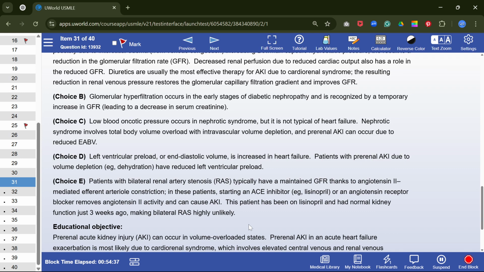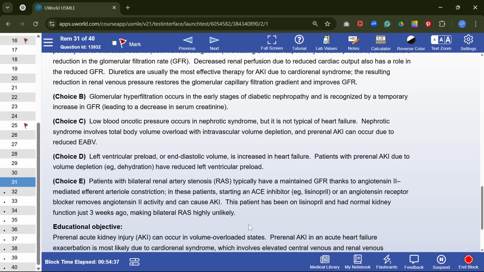Patients with bilateral renal artery stenosis have a maintained GFR thanks to angiotensin 2 mediated efferent arteriolar constriction. In these patients, starting an ACE inhibitor or ARB removes angiotensin 2 activity and can cause AKI.